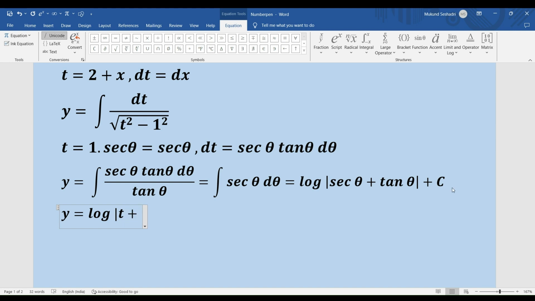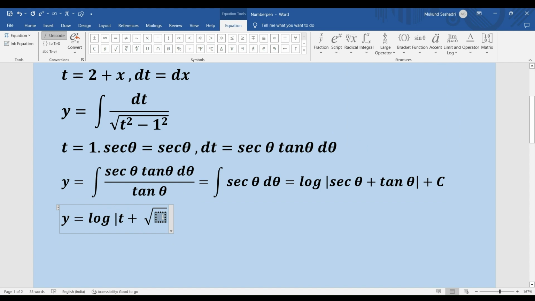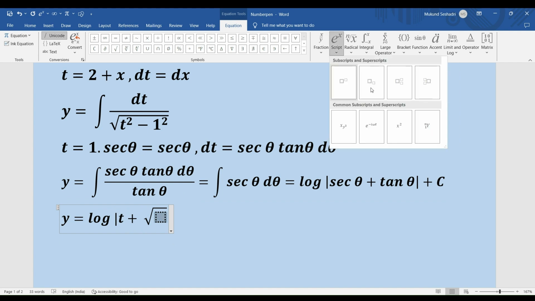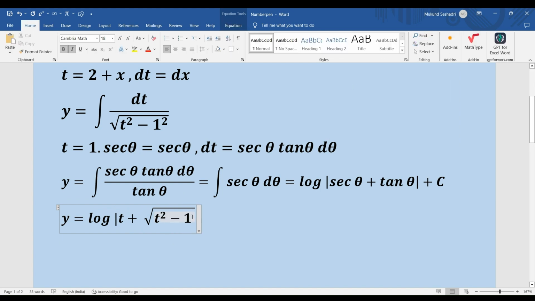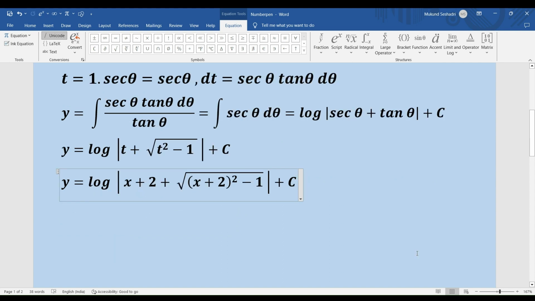And my tan theta is nothing but the square root of secant square theta minus 1, which means it becomes the square root of t square minus 1, right? And then we are not done yet because we did two substitutions like I mentioned to you earlier. And so the second substitution that we would make is to put back t in terms of x, and that's not too difficult because all that we need to do is replace t with x plus 2. There we are.